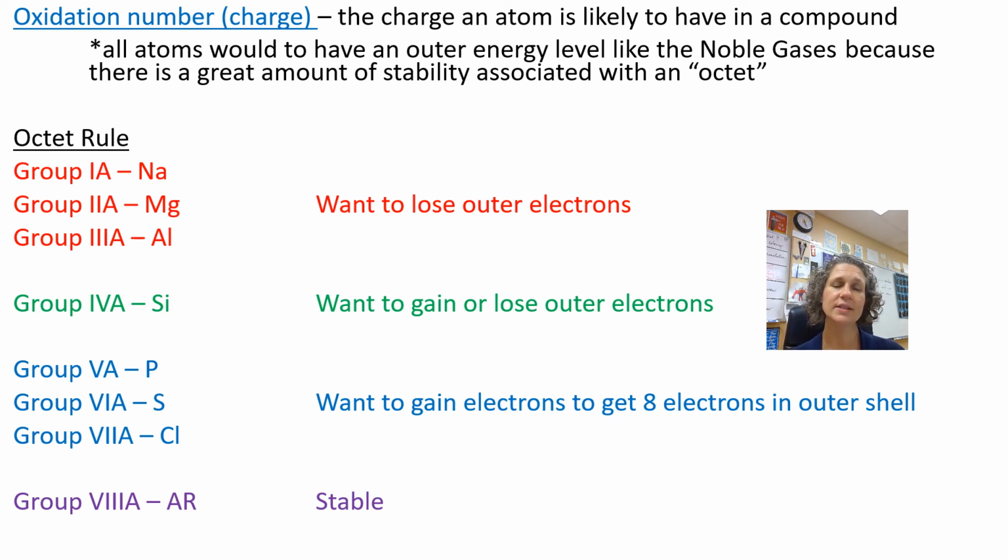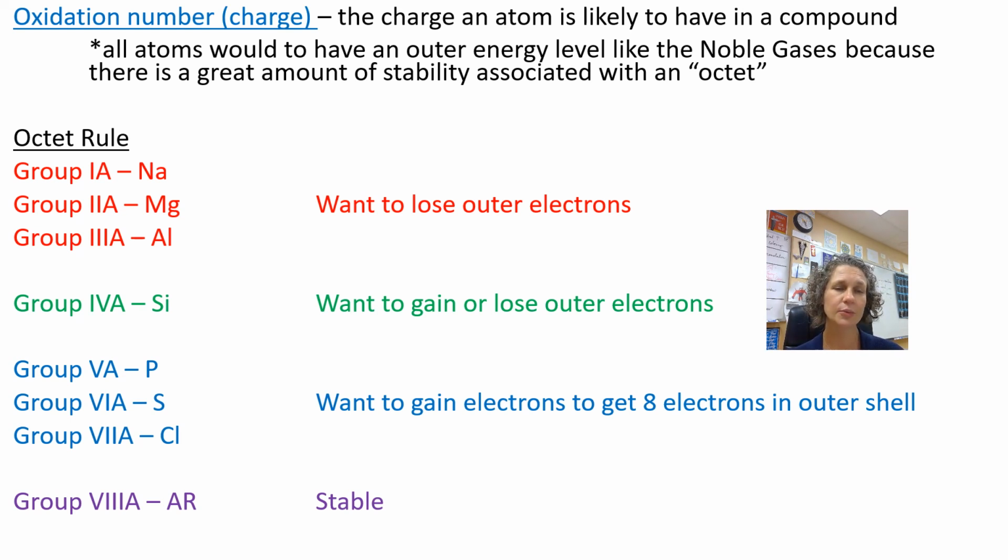The noble gases all have, with the exception of helium, 8 electrons in their outer energy level, and that makes them the most stable. It's the reason that the noble gases don't form compounds with other elements naturally, and that's basically what the other elements, the other columns, are trying to get to.